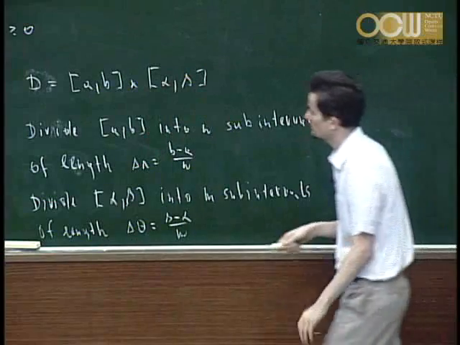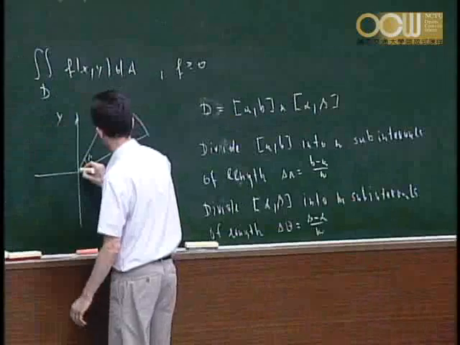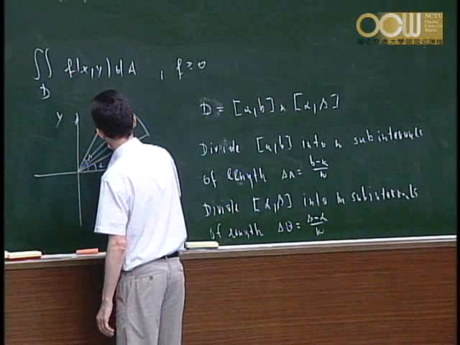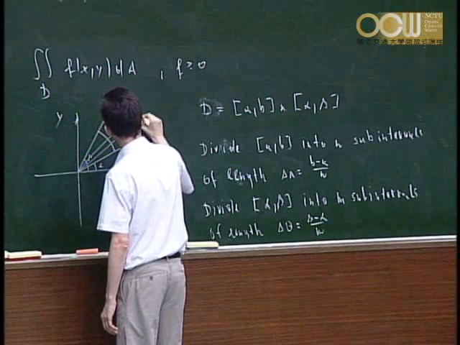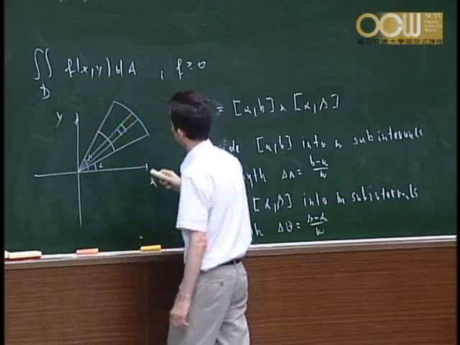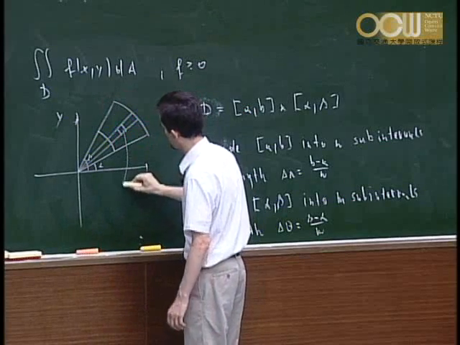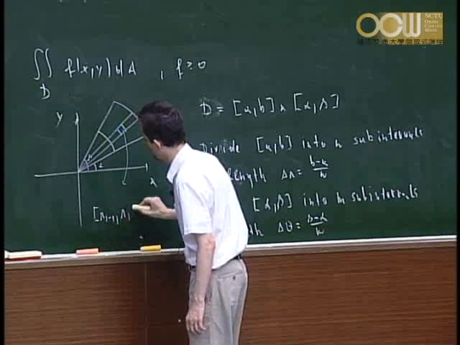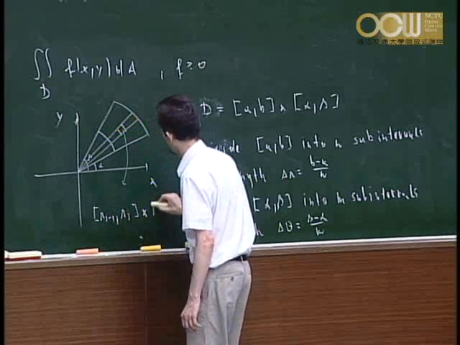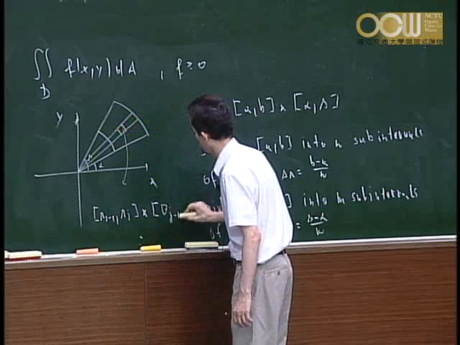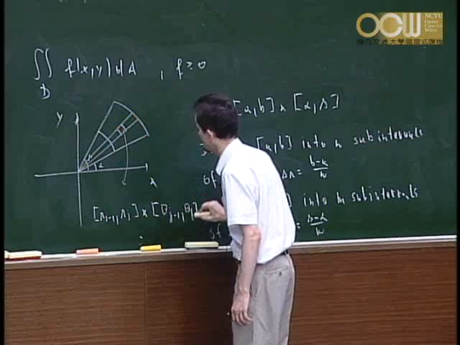So we have a certain subdivision here. This is the i-th radius, and this is the polar rectangle given by [r_{i-1}, r_i] times [theta_{j-1}, theta_j].